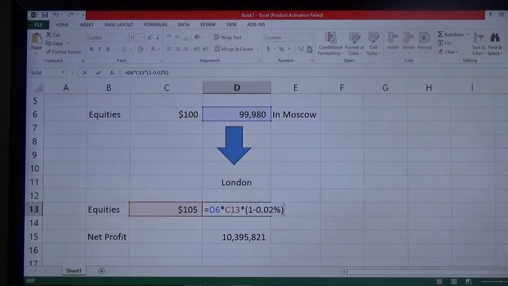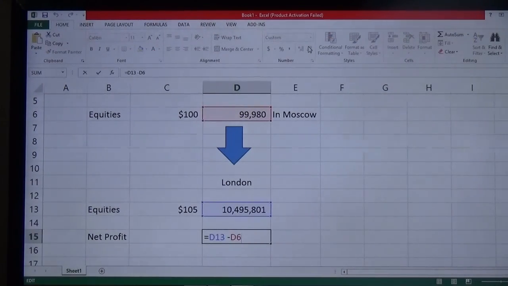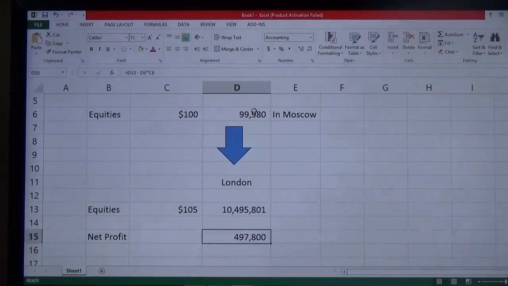So this much amount you sold, this much amount you bought. The difference is this amount you sold minus this amount into this. $497,000 is your gain. This is in dollars.